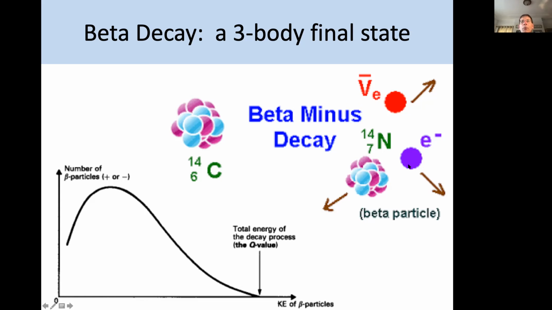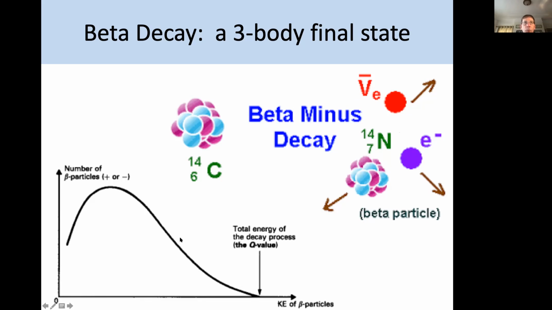For that reason, sometimes the neutrino will take the predominant share of the energy, and sometimes it will take only a minuscule fraction. The electron, which is what you normally look at, is a charged particle; it will bump into you, it will penetrate your skin, or it'll go into your detector.